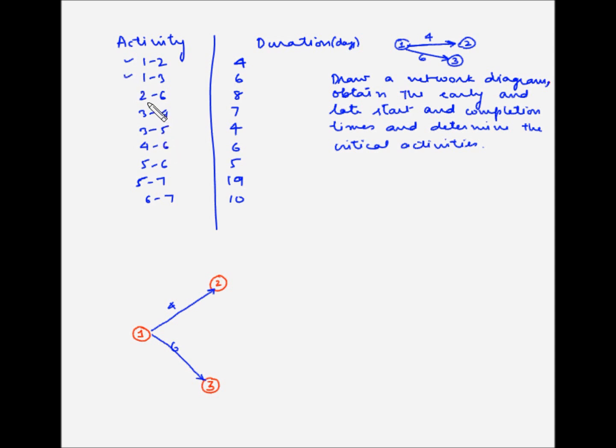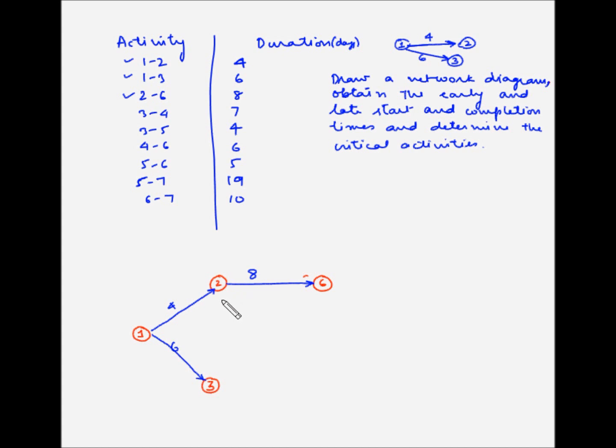Now next is 2 to 6. So let's draw node number 6. Now let's draw the activity between these two nodes, and the duration is 8 days. So we have completed 2 to 6.